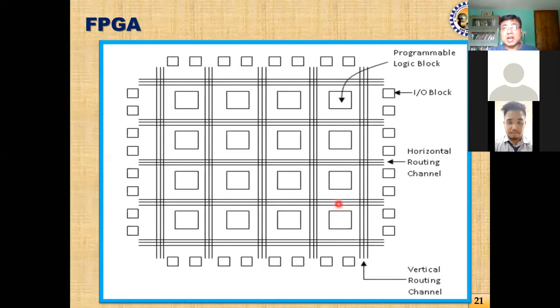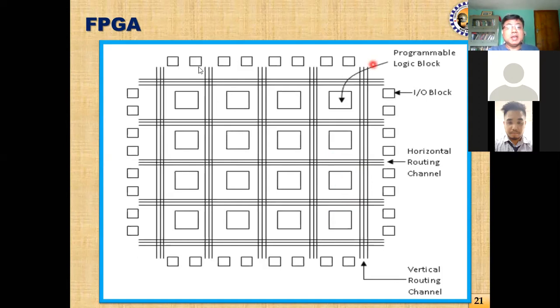But those who study VLSI, especially at master degree level, have to study about this in detail. Now, I was talking about the horizontal and vertical routing channel. As I told, the function of horizontal and vertical routing channel is to interconnect the output of certain blocks to the input of another block, so that the desired logic function can be implemented.